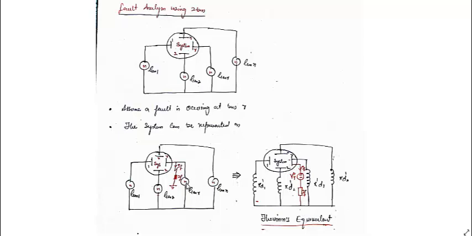Since we assume a ZF in series between the fault point and the ground, here also we use the same thing. So this is the Thevenin equivalent, and we have replaced all the generators only by their subtransient reactances or transient reactances. So this is the Thevenin equivalent of this circuit. So let us try to analyze this.